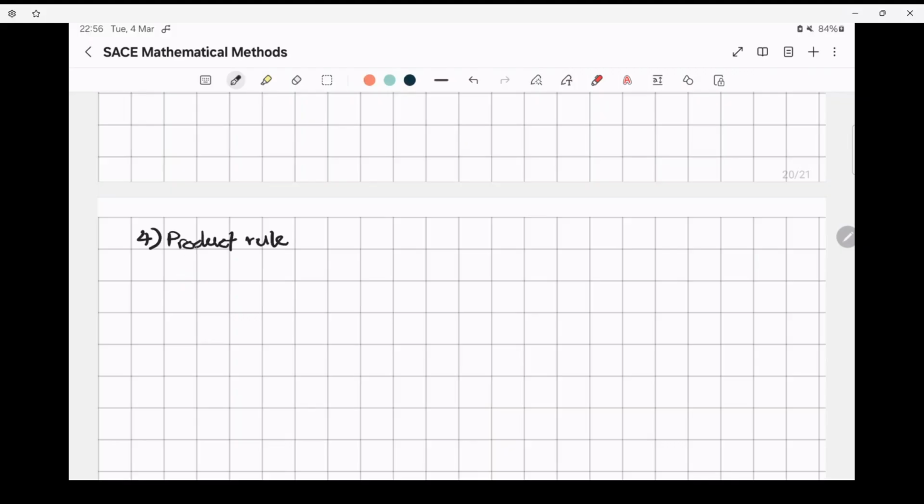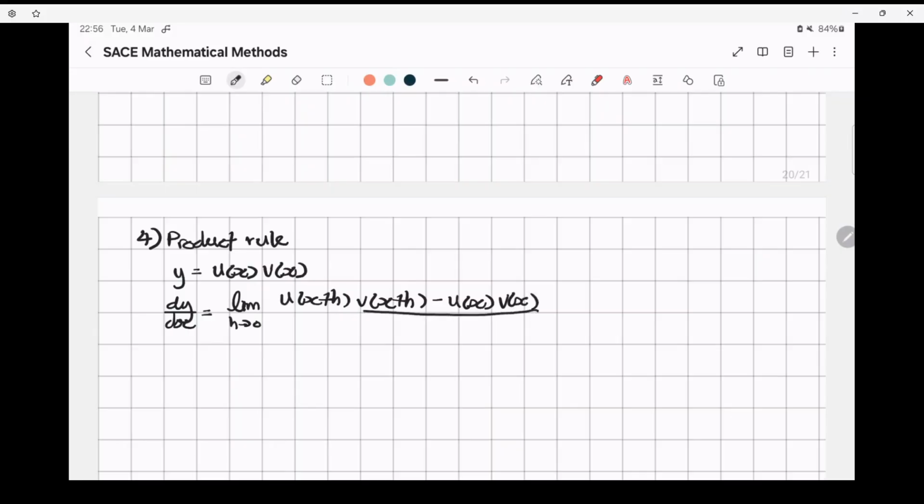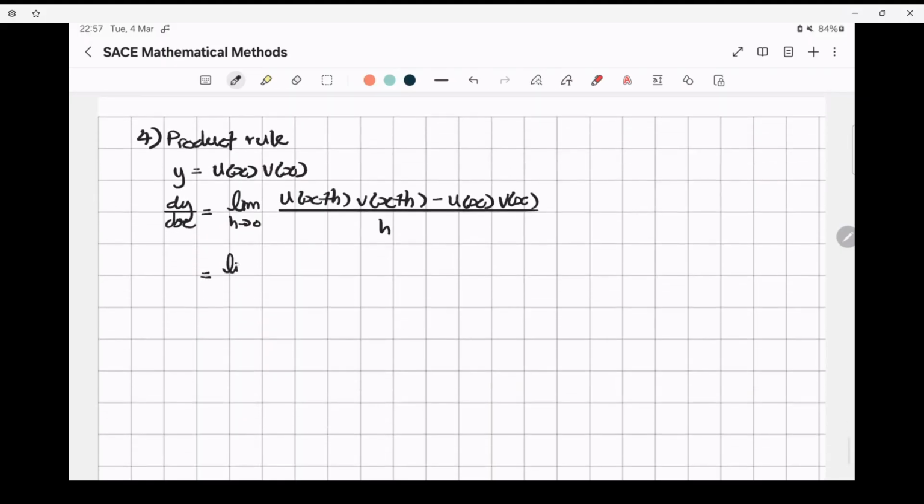So let's assume that your y is u(x) multiplied with v(x). So the derivative of this will be given by this particular limit by first principle. At this point we try to add one term and then minus one term.